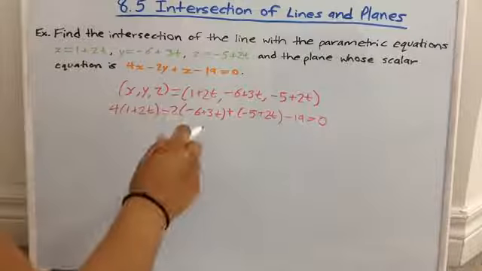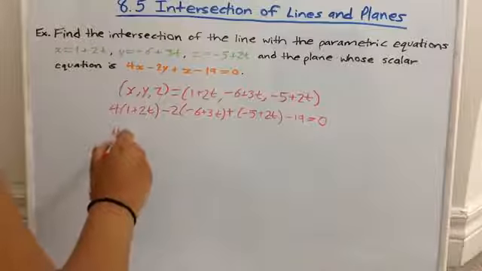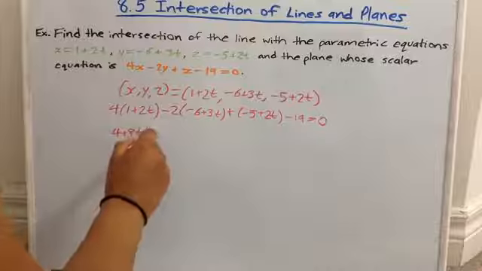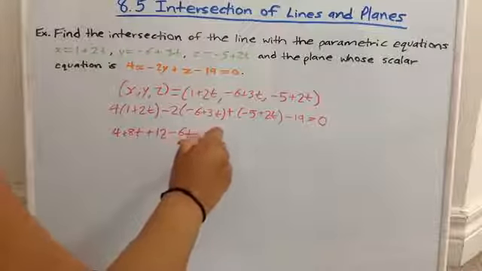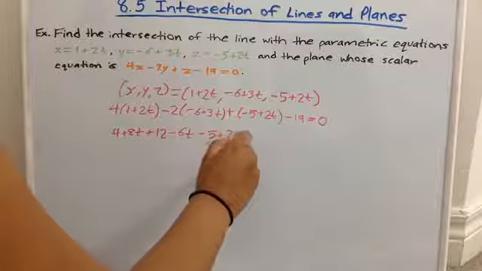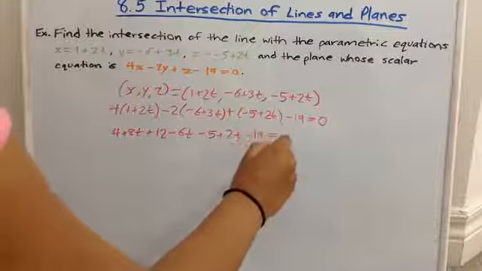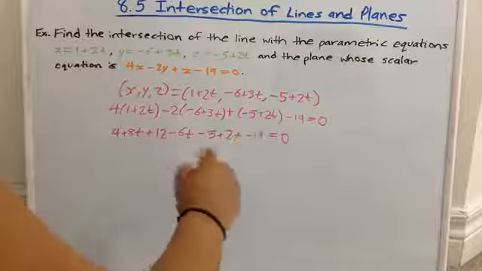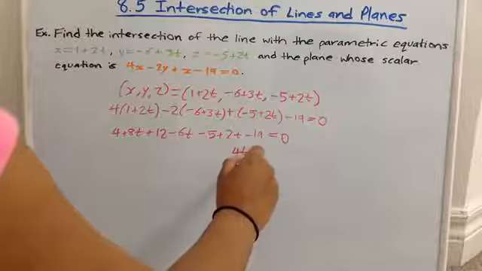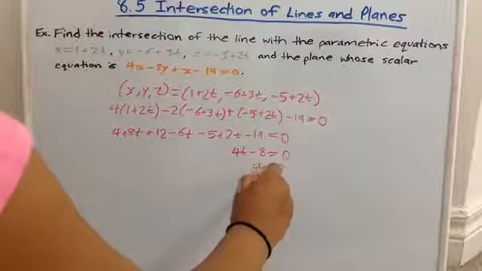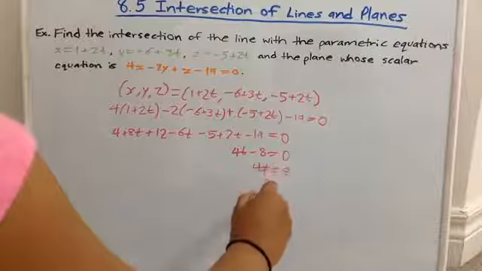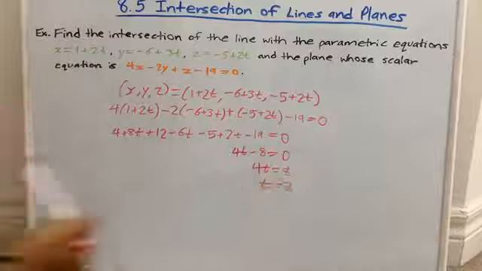So now we can expand the brackets and we will get 4 plus 8t plus 12 minus 6t minus 5 plus 2t minus 19 equals 0. So now when we collect the like terms, we will get 4t minus 8 equals 0. So we can bring 8 to the other side, and for t we will get the value of 2.